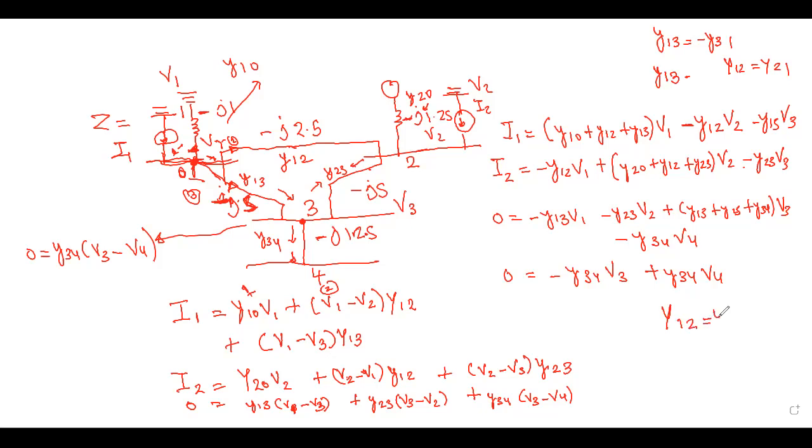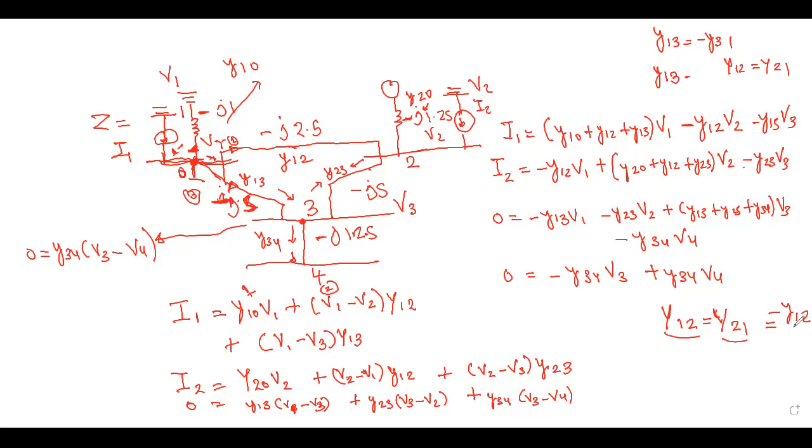Y12 is equal to Y21. Whether it is Y12 or Y21, this term would be equal to minus Y12. So I'll be explaining you. Now I will try to arrange these equations for you.